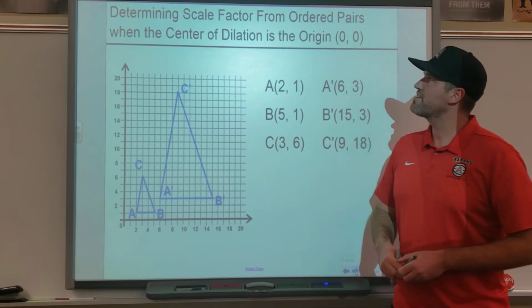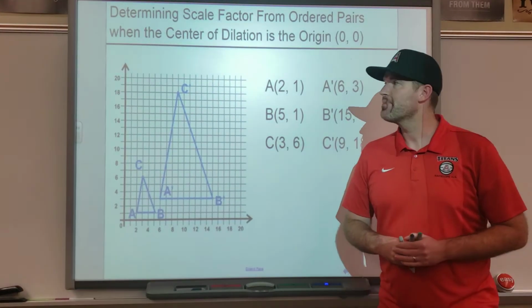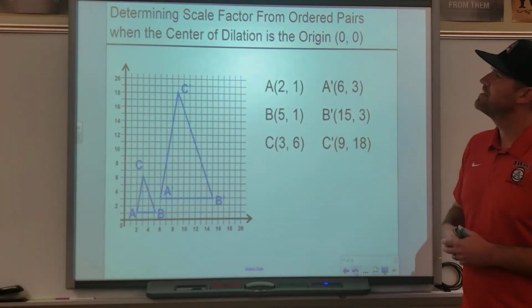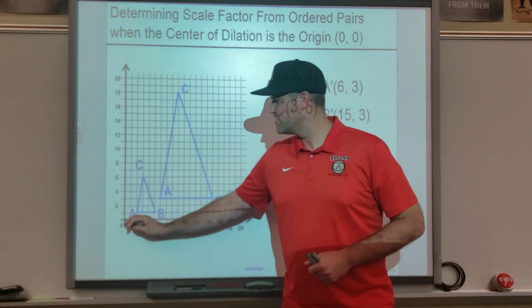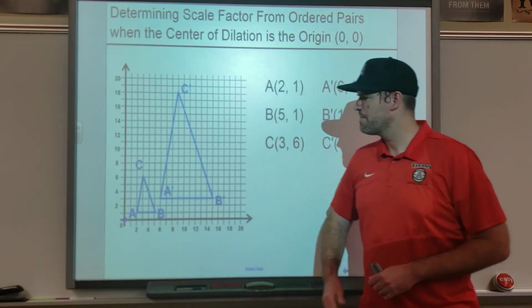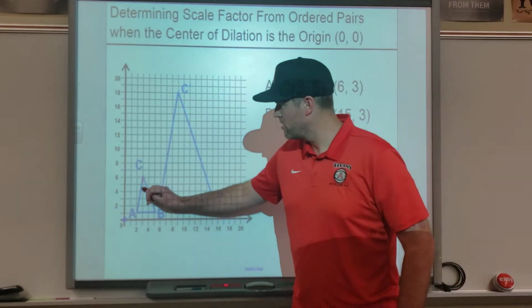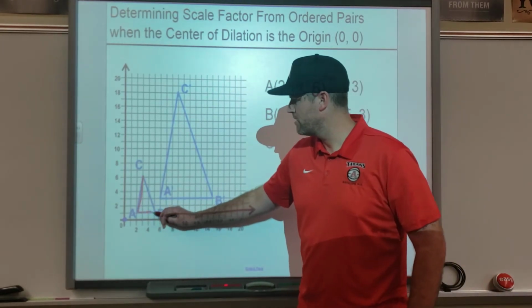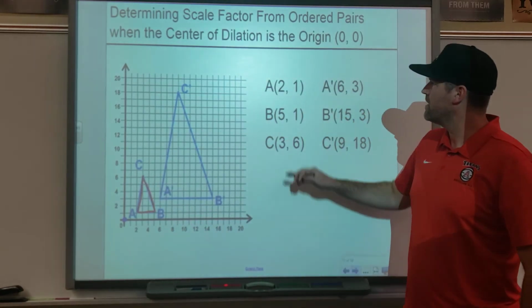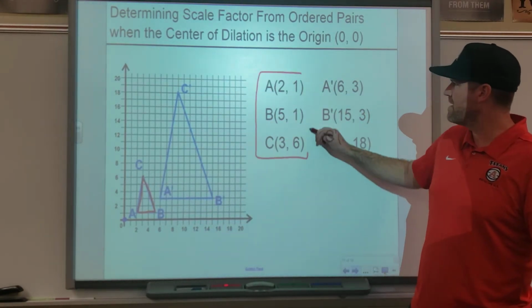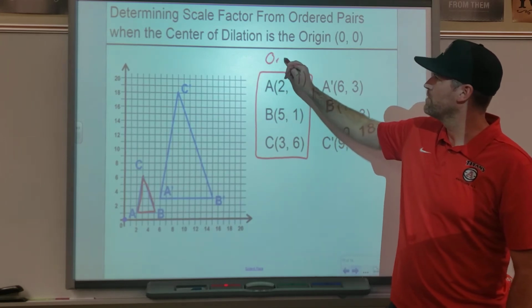Okay, we can also do scale factor from ordered pairs, as long as the center of dilation is the origin, which is the point (0, 0). So what I did was, for this smaller triangle, I'm calling that my pre-image or my original, I went ahead and wrote down the ordered pairs from the original.